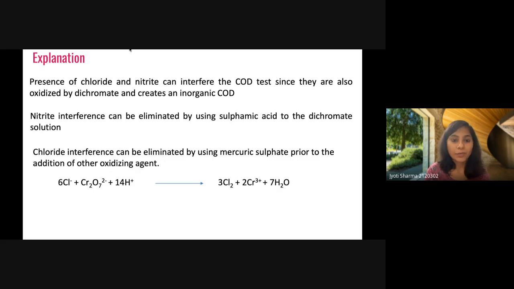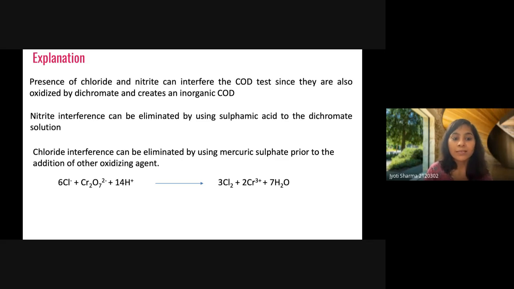Just here you can see, because this chloride and nitrite can be oxidized by dichromate and can create an inorganic COD. So this will give you a higher value of COD, because an oxidizing agent such as dichromate can oxidize chloride and nitrite as well, right?